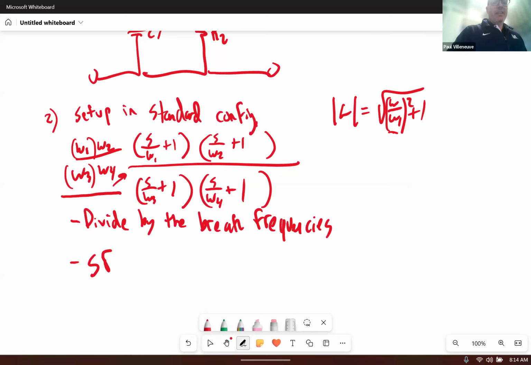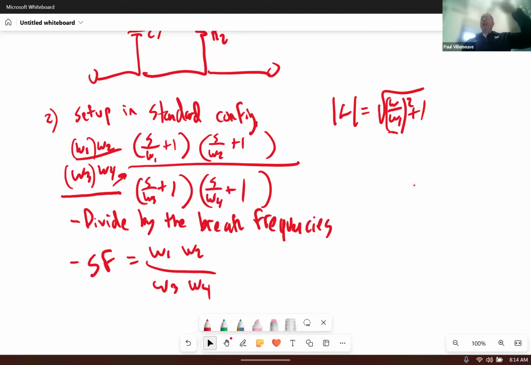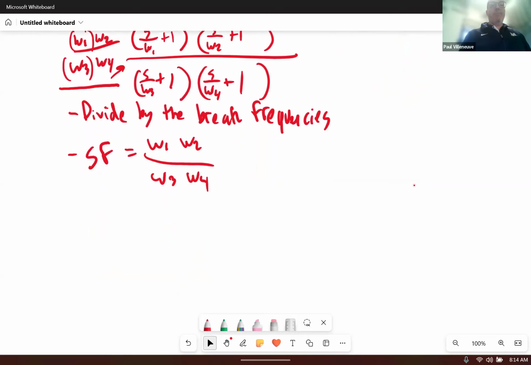That is your scale factor. All the scale factor does is it's a real number, and it's going to scale up or down your magnitude Bode plot. Okay? So that's step 2.